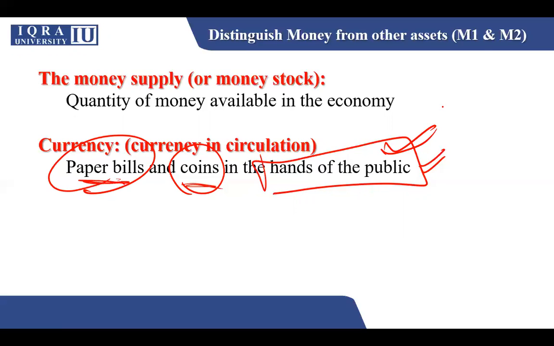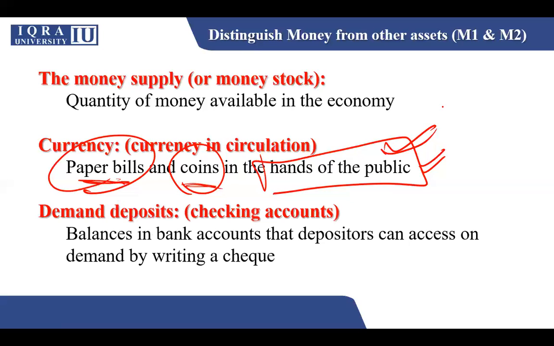So when you dump it somewhere and you are not utilizing it, although it's still currency, it is not going to be in circulation until you use it somewhere in the market. So when you store it, it remains currency, but circulation will drop down. It's a kind of leakage, which we will discuss later on.